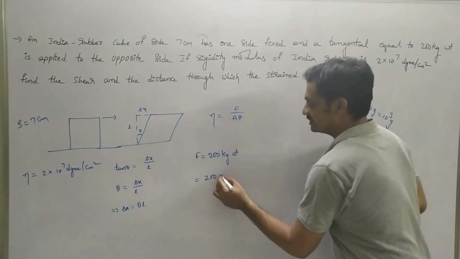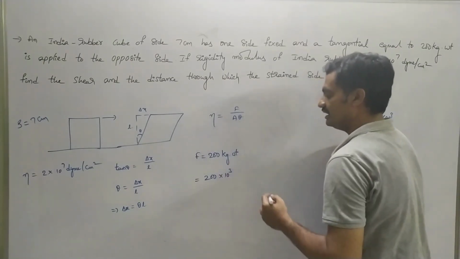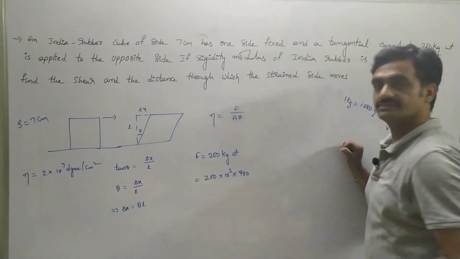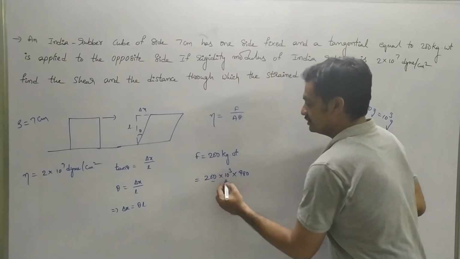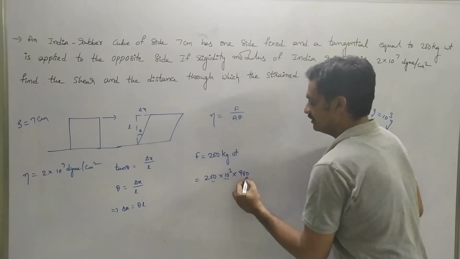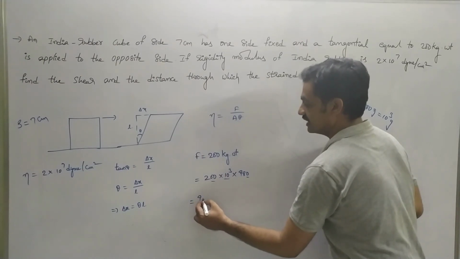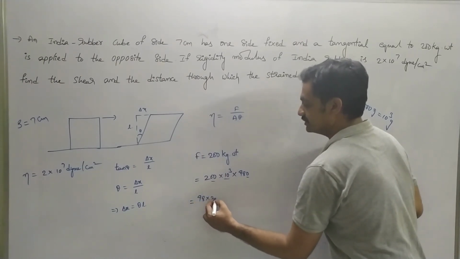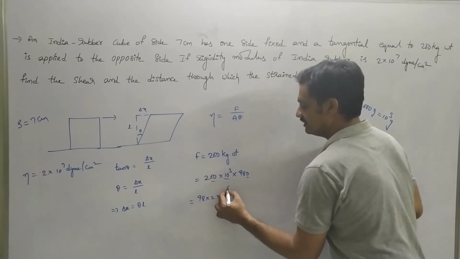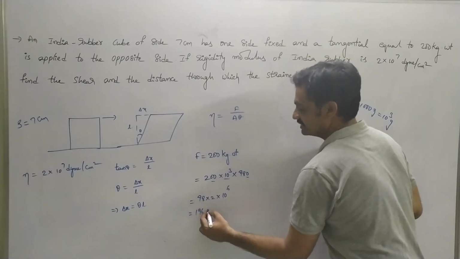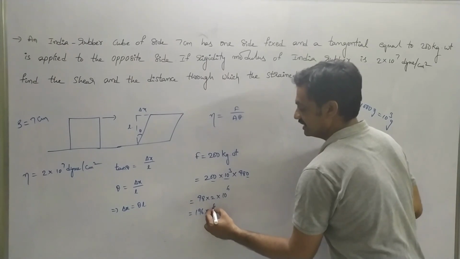So it can be represented as 10 to the power of 3 into 980. 2 plus 3 is 5, plus 1 is 6. So here we have 98 into 2 into 10 to the power of 6. 98 into 2 is 196 into 10 to the power of 6 dynes.